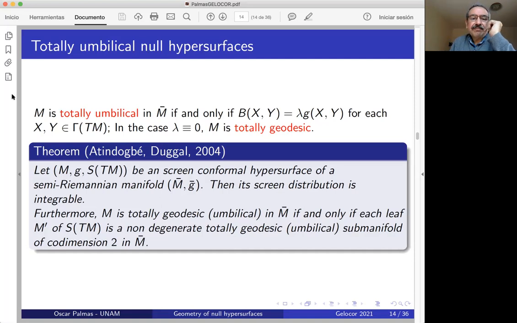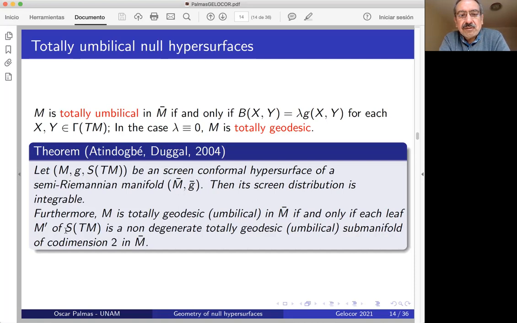So if the null hypersurface is screen conformal, then the screen distribution is integrable, and M is totally geodesic or totally umbilical if and only if each leaf of the screen distribution is a non-degenerate, totally geodesic or totally umbilical submanifold of codimension 2.